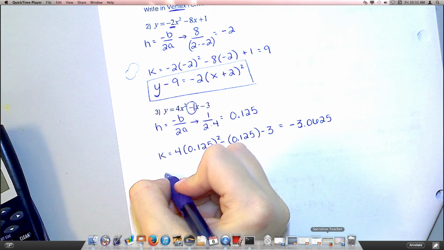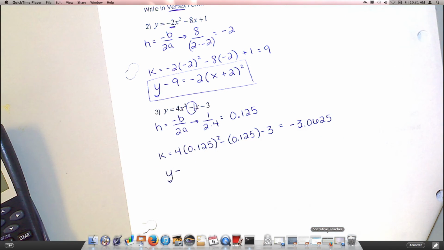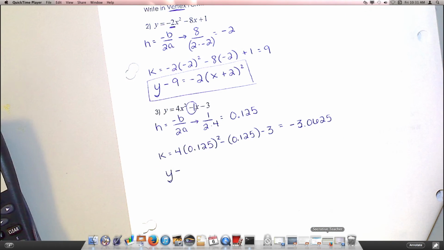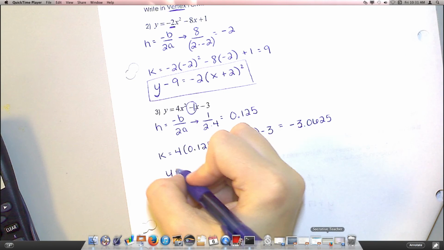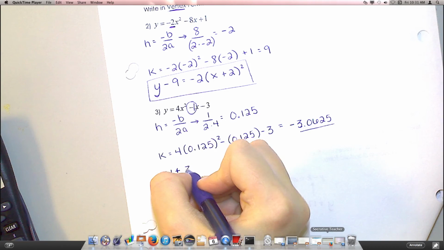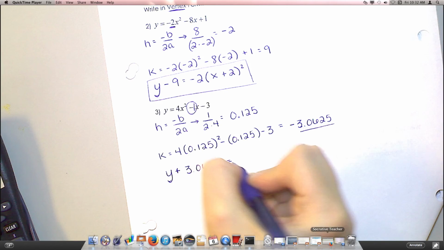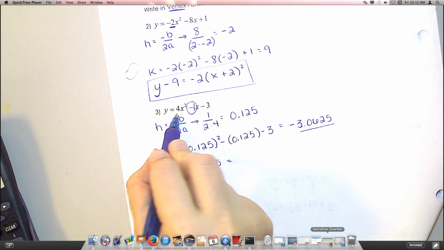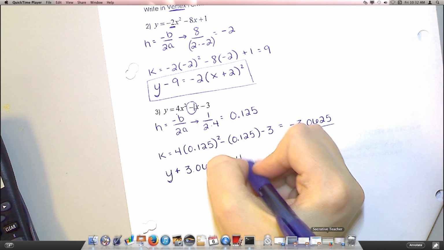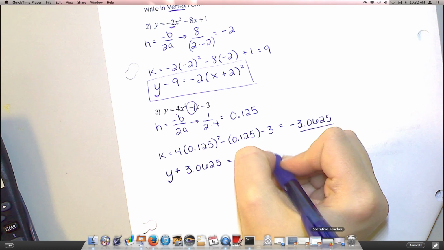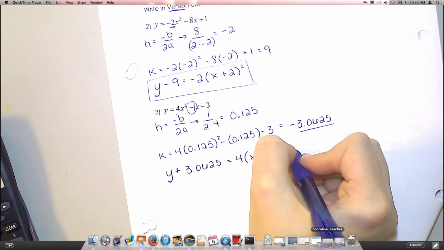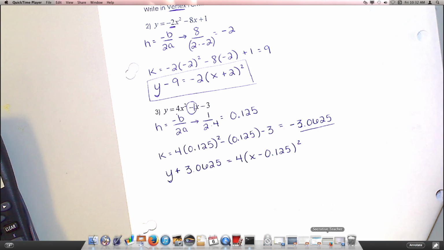So then I would say y minus, or would it be y plus 3.0625 equals, my a value was 4, x minus 0.125 squared. Vertex form.